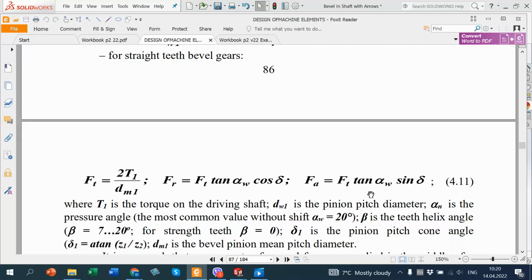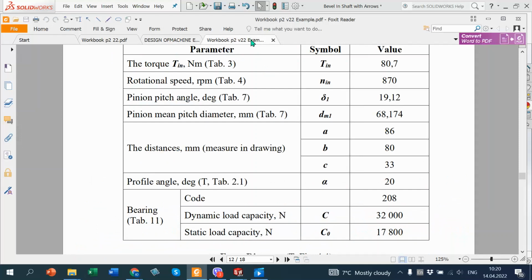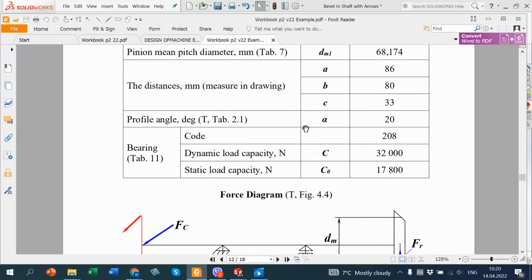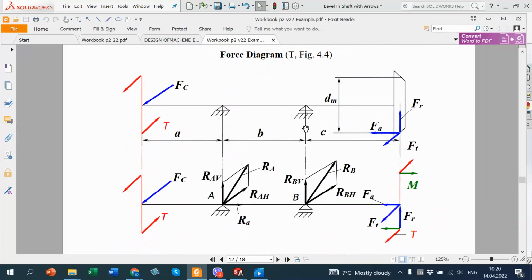Here cosine, here sine. So we have three forces. Schematically it looks like here. Radial force, tangential force, axial force.